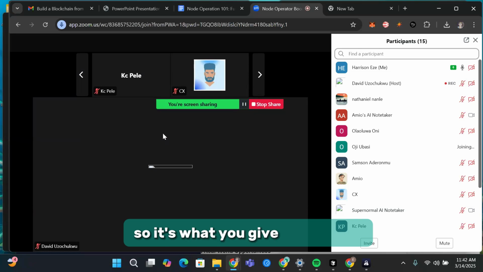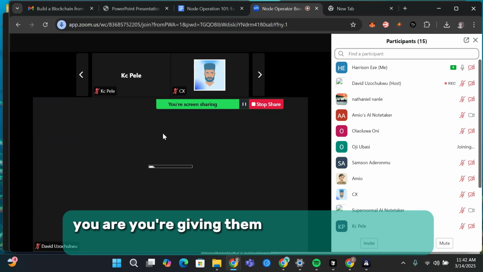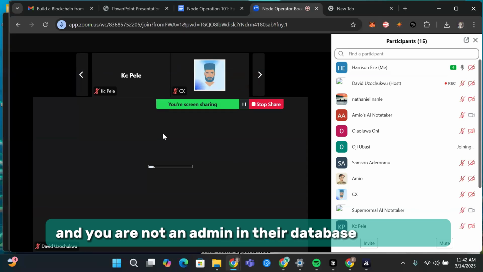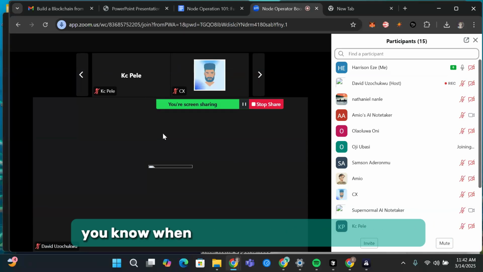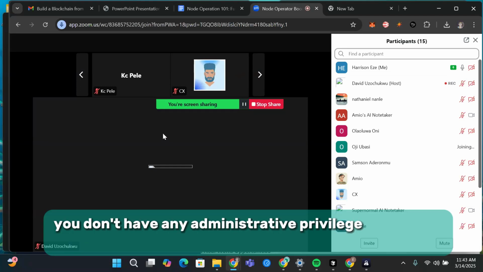So it's what you give to them. Anything you give to them, you're giving them power over that thing, because you don't have control. If you upload your picture, it is stored in their database, and you are not an admin in their database to say when to delete it and when not to delete it. So basically you don't have any administrative privilege to perform such action.